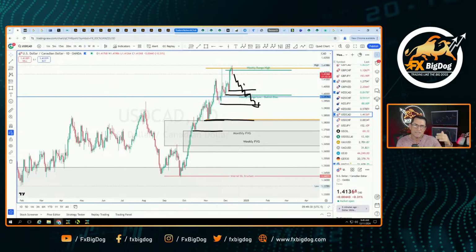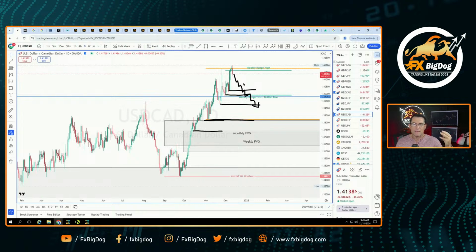Now, when we see this correction move, what this normally means is the market's also trying to rebalance, because there's 4 reasons why the market moves. One, it's generating liquidity. Number 2, it's hunting for liquidity. Number 3, it's rebalancing equilibrium.